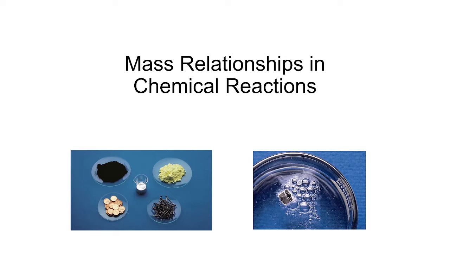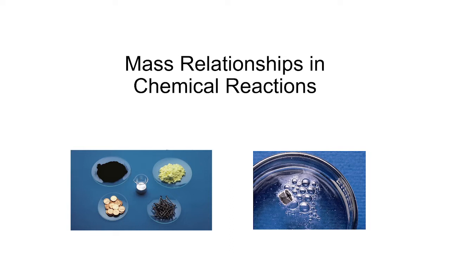And for today, we will be looking into mass relationships in chemical reactions. In chemical reactions, you have one pure substance that will react with another pure substance that will produce what we call a product. But for today, we will be looking into the matter side of chemistry.